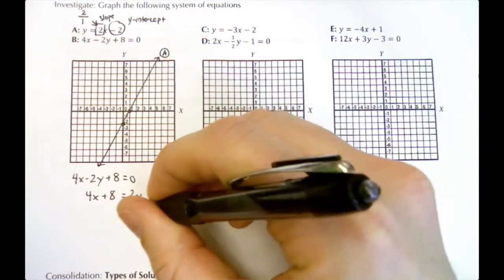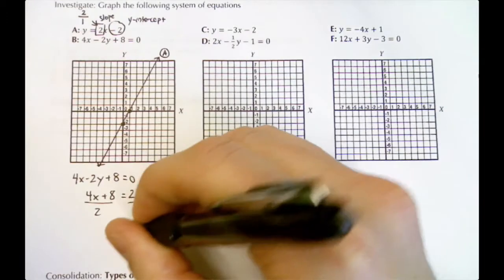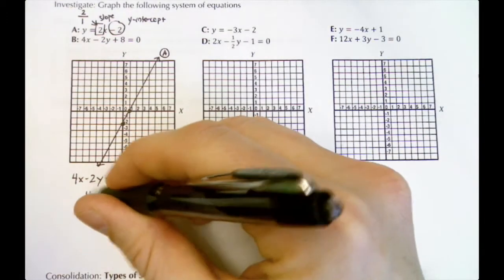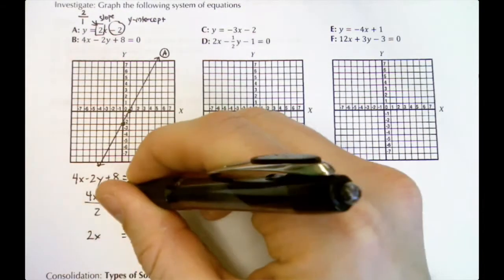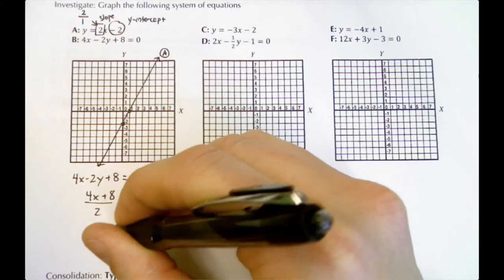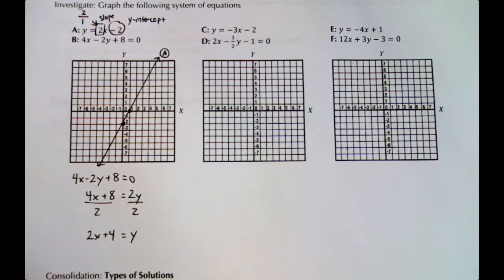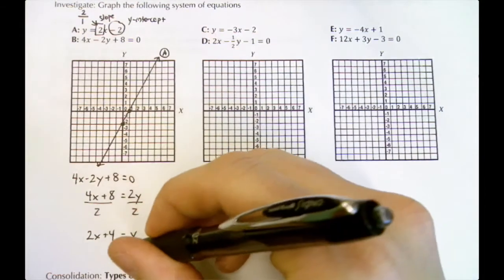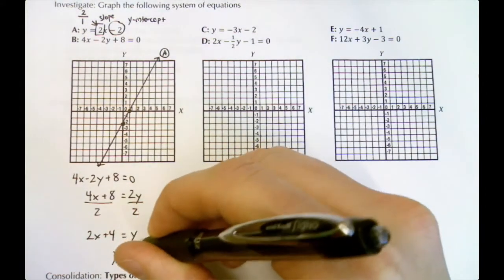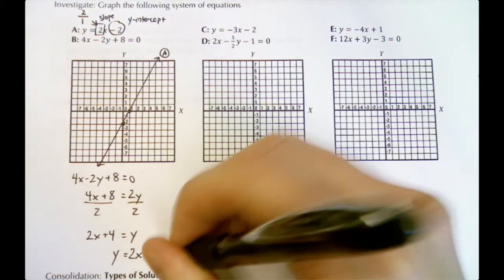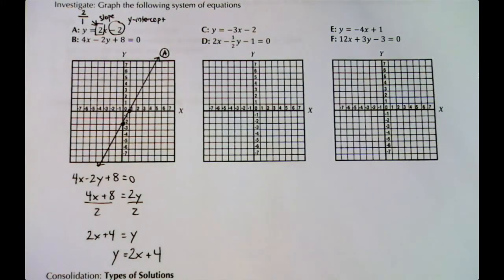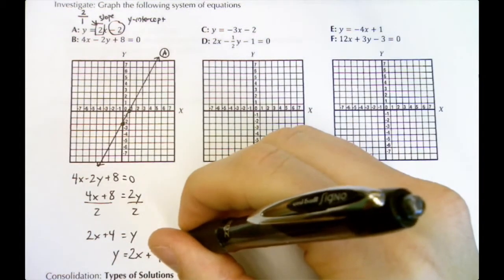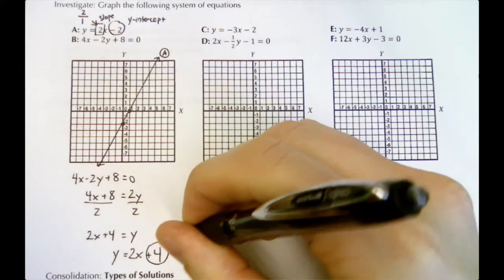So if we divide both sides by 2, we get 4 divided by 2 is 2, and 8 divided by 2 is 4, we get 2x plus 4 equals y. If I want to flip it around and write it the other way, we don't have to change any signs if we're changing both sides of the equation. We get y equals 2x plus 4. So to graph this line, we're going to take a similar approach now. The last number, plus 4, is my y-intercept.